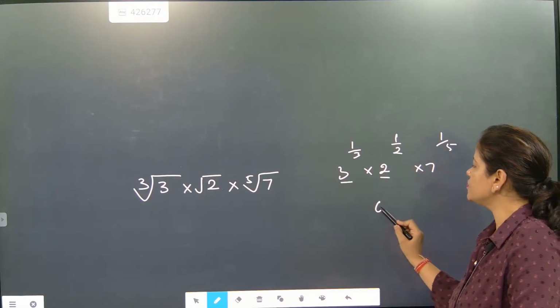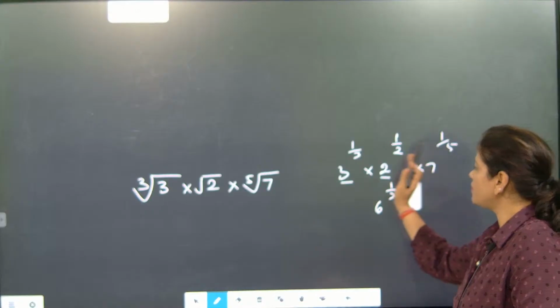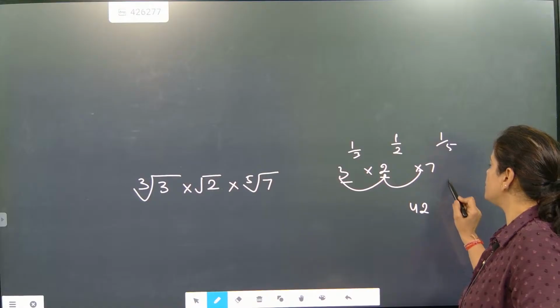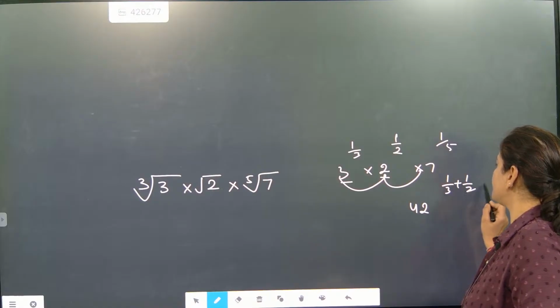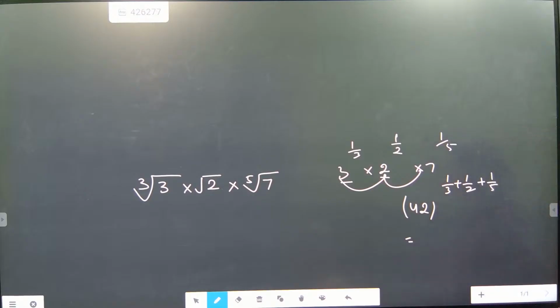If you take these two, it means 6 to the power 1 by 3 plus 1 by 2. So when we add 3 to the 6, 6 7s are 42 to 1 by 2 plus 1. Like this we can do, na? So how much will it become? Check. Cross multiply.